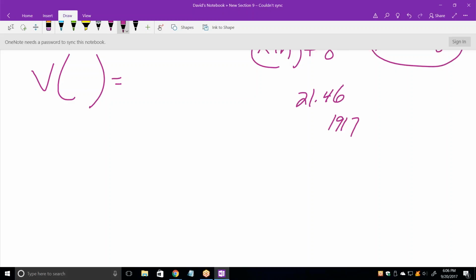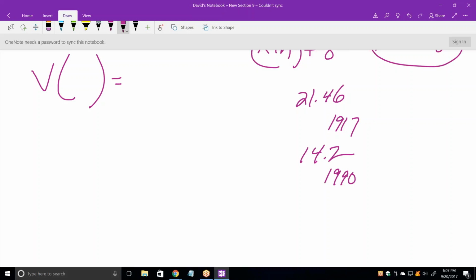Go ahead and read the rest of it. Okay, so 21.46 equals 1 in 1917, and then in 1990 it took 14.20 currency units to equal the value of 1 currency unit in 1917.